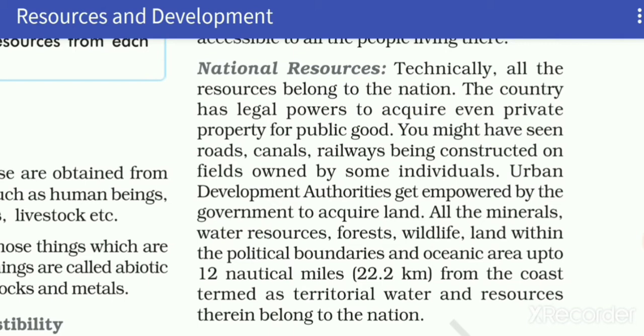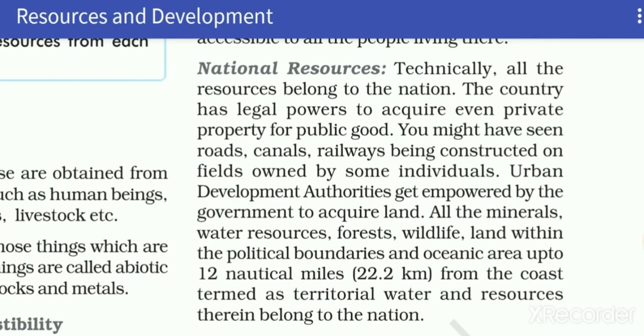Besides, oceanic area up to 12 nautical miles or 22 km from the coast, termed as territorial water, is also known as national resources. Here nautical mile is a unit for measuring distance at sea.